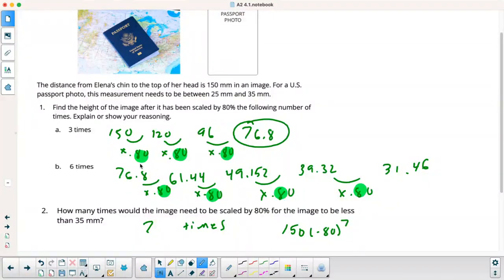It's like I'm saying 0.8, 0.8, 0.8, 7 times. If I type this into my calculator, I should get the same number. So why don't you try it if you don't believe me? 150 times 0.8 to the 7th should get the same exact number, which is kind of cool. It's a shortcut, much easier to just take it to a power than to write it out a bunch of times.